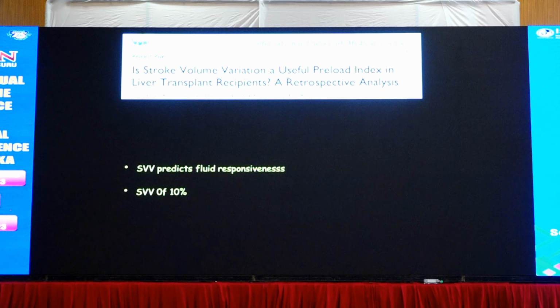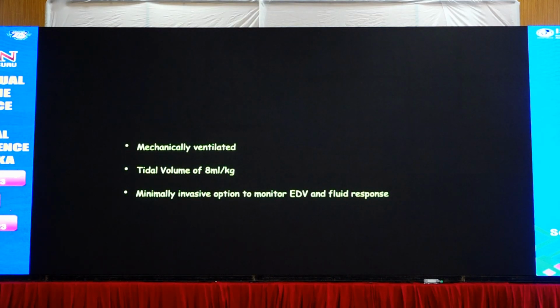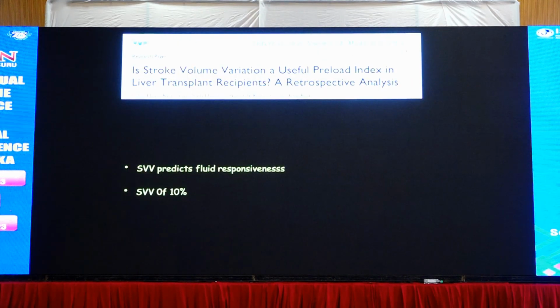That's been proven in many studies. So if you have a stroke volume variation of more than 10%, then that means the patient is fluid responsive. You need to give more fluid.